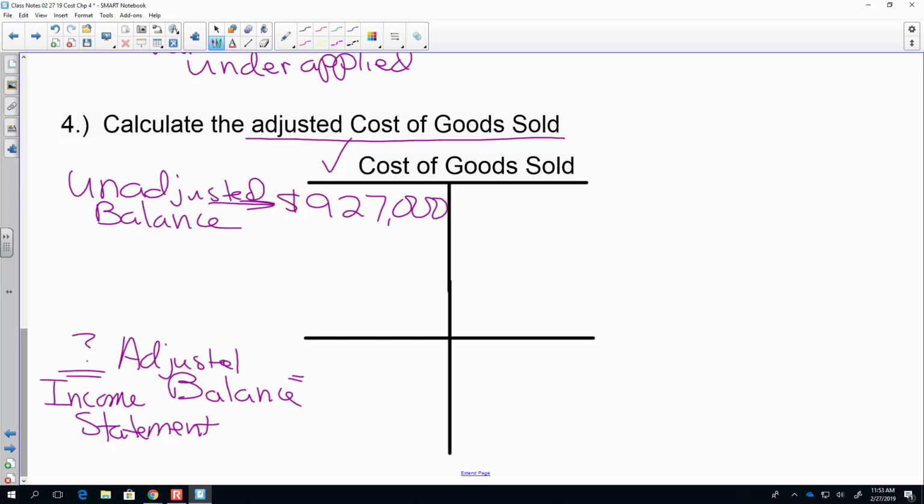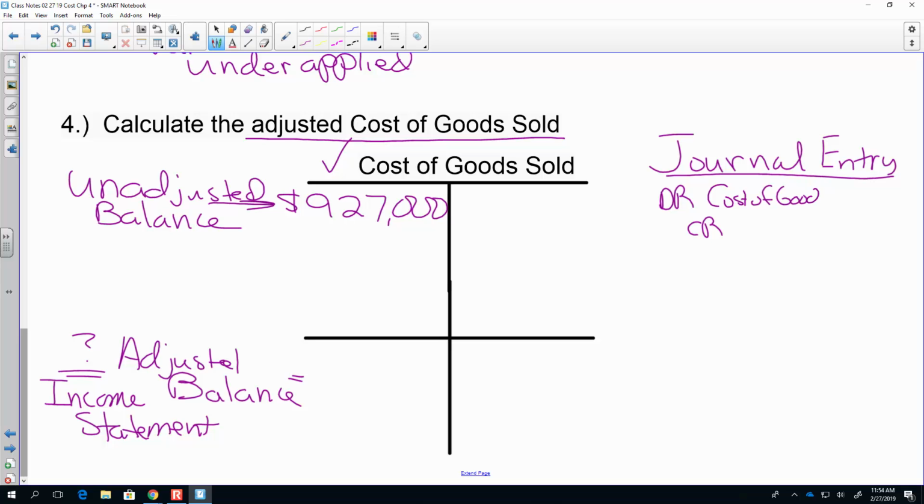So, what's my journal entry then? To close out the temporary account, what do I debit? What do I credit? You're going to debit cost of goods sold. Okay.